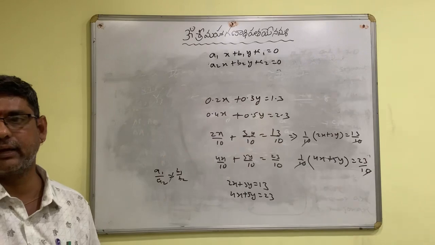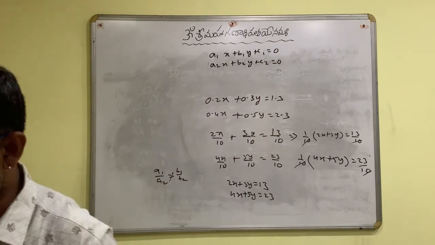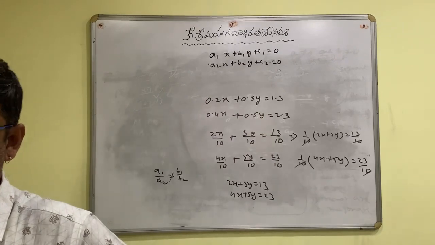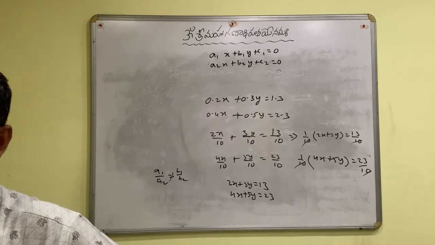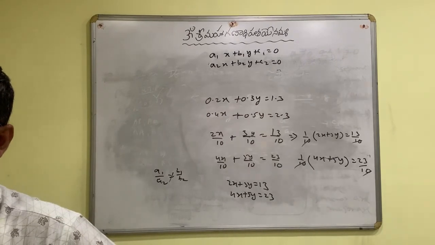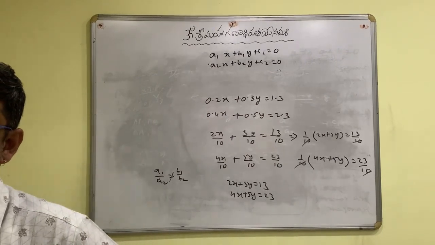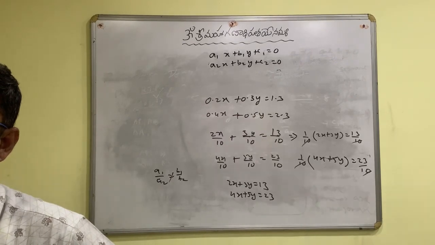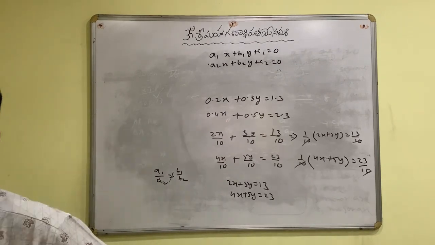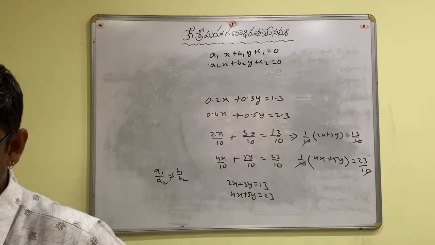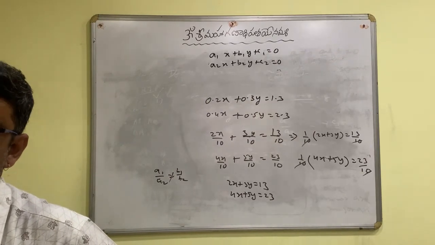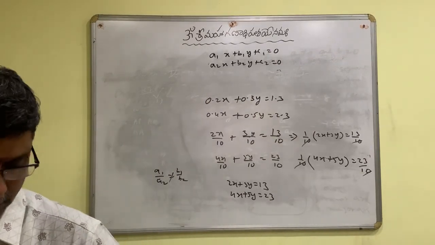So it is a consistent pair of equations, the lines are intersecting, so they will meet at one point only, and that one point we will call the common solution.